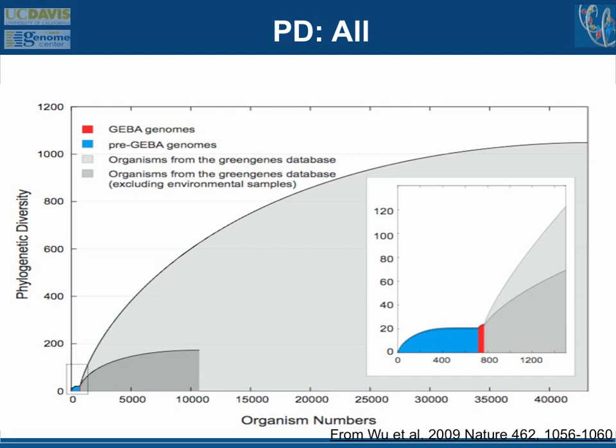The main point of this somewhat confusing figure is that if you look at the phylogenetic diversity of known ribosomal RNA sequences, build a tree, and count up the branch length in the tree, that's called PD, or phylogenetic diversity. If you sum up the branch length of all the organisms that have been grown in culture in the laboratory, it represents something like 1/100th of the phylogenetic diversity from known ribosomal RNA sequences.